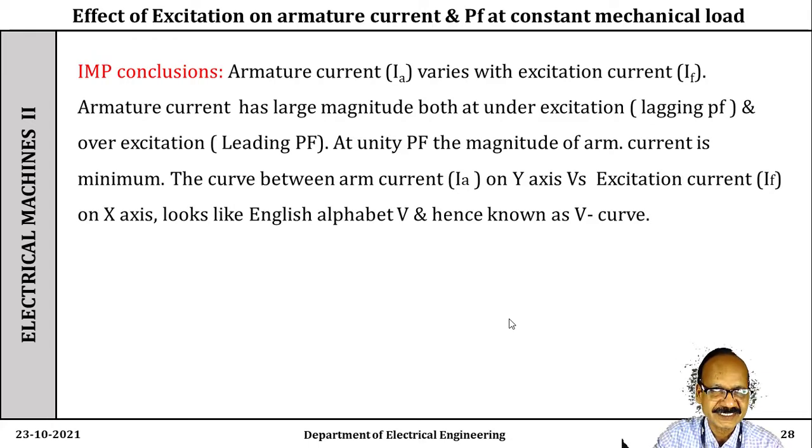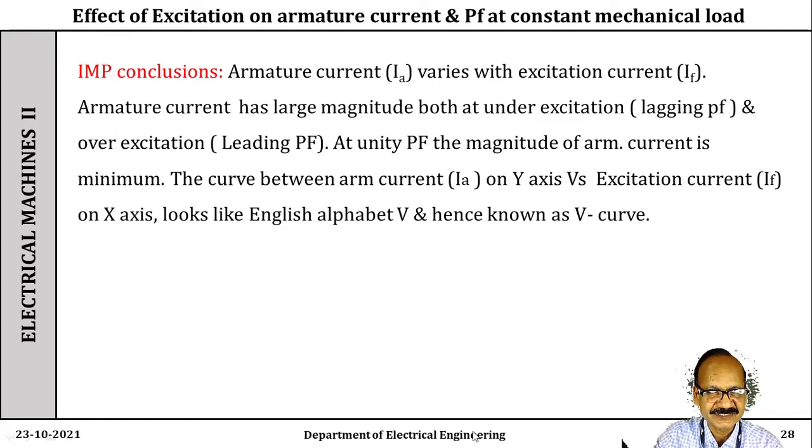And for a certain excitation, the magnitude of armature current is minimum. Thus, if we plot a graph of armature current on the y-axis and field current on the x-axis, the curve will be like the English alphabet V, and hence it is known as the V curve.